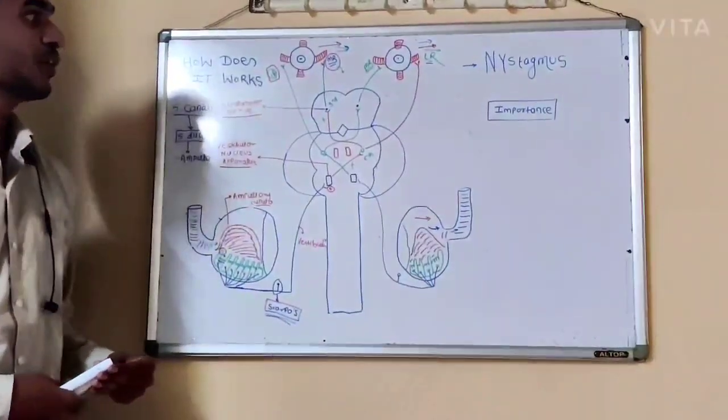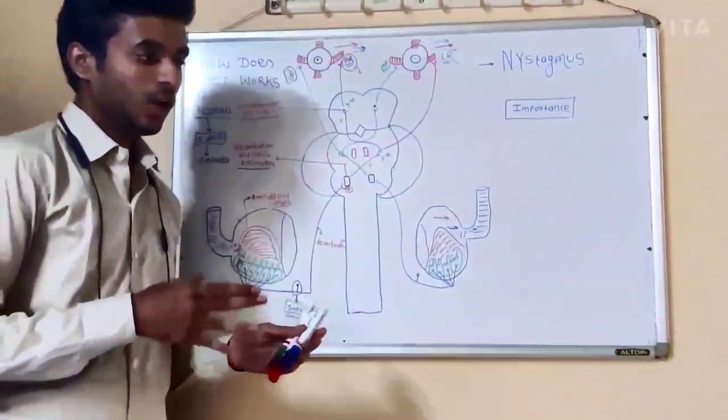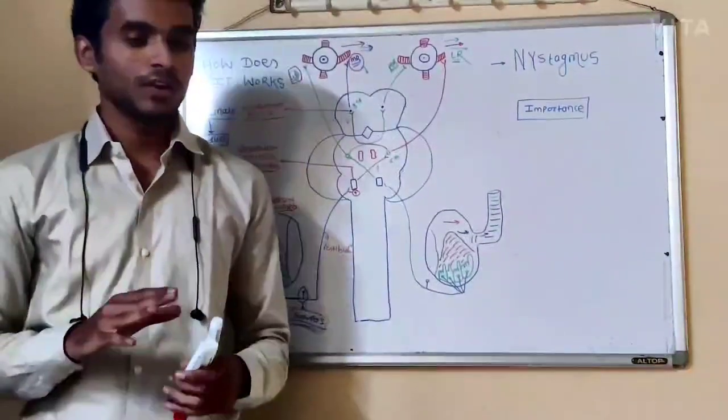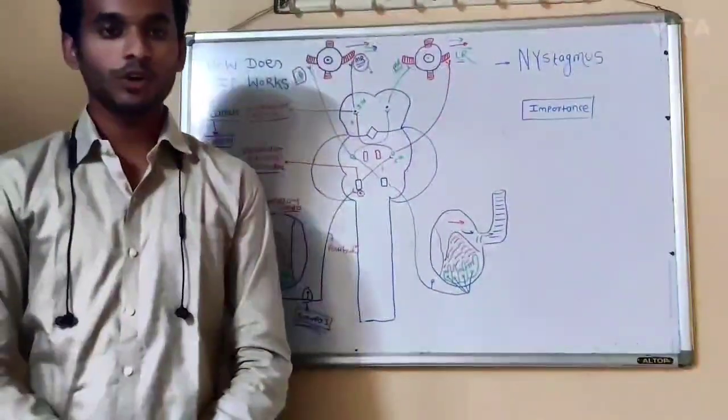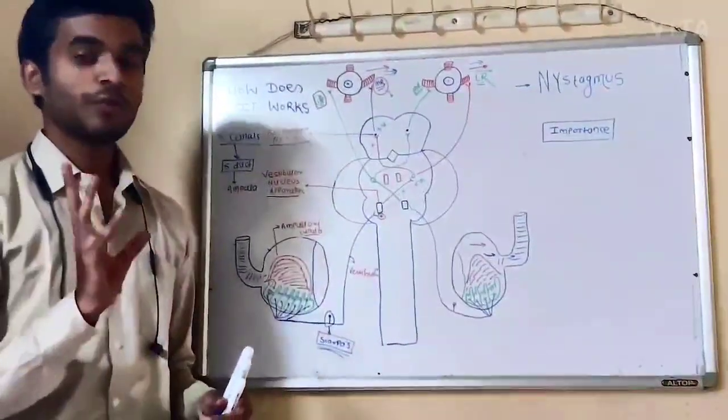Now let us move towards the practical aspect of this vestibulo-ocular reflex. If we see properly, during the movement, first of all the eyes will move towards the opposite side of the movement of the head.